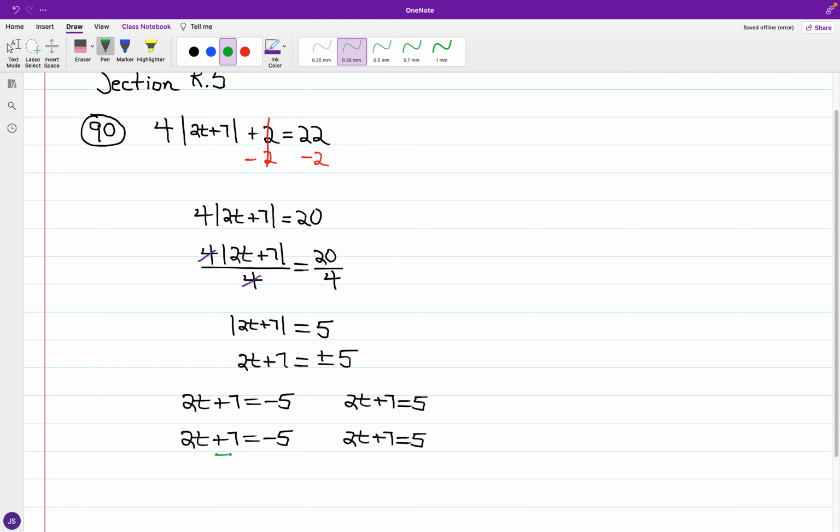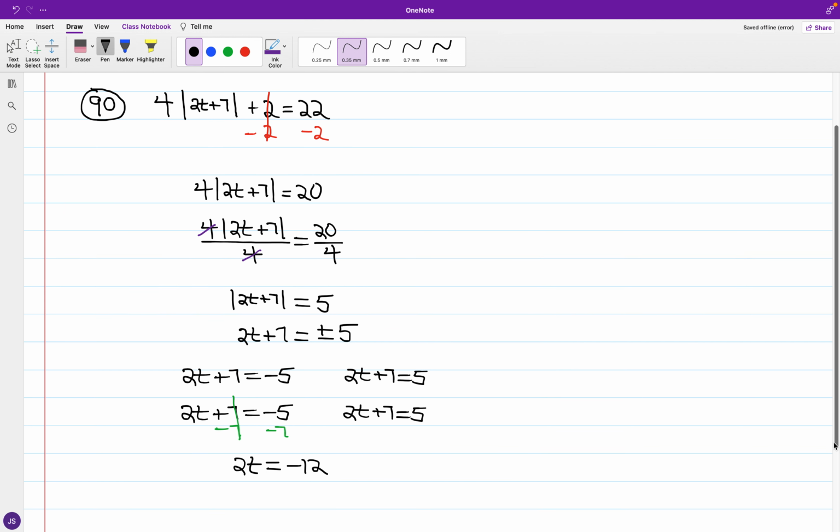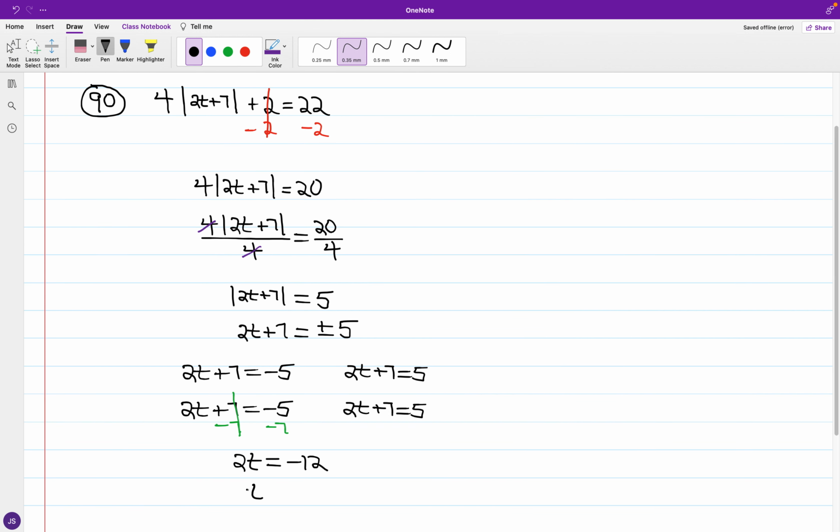With 2t plus 7 equal to negative 5, I'm taking 7 away from both sides. So we have 2t is equal to negative 12, and from this we have that t is equal to negative 6.